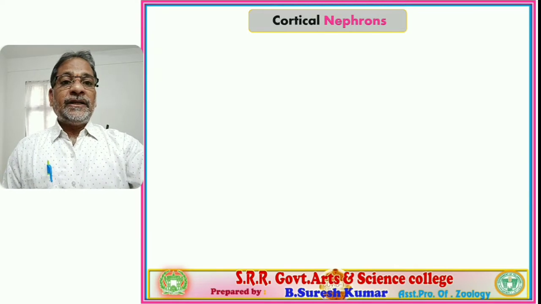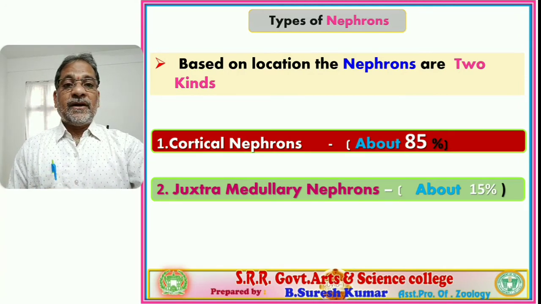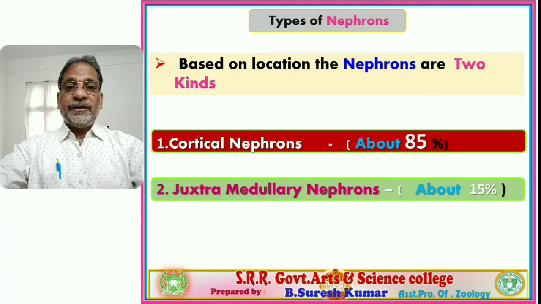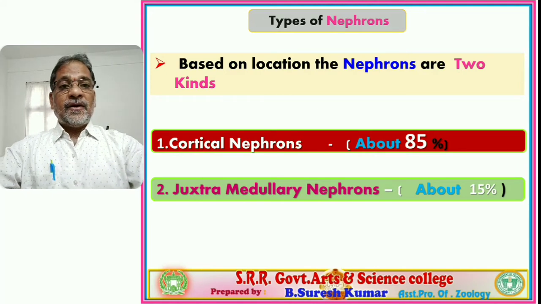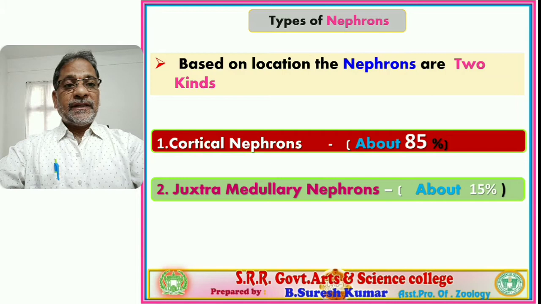Remember, and one more, juxtamedullary nephrons. They contribute 15%. Among the 1 million, 15% nephrons are juxtamedullary nephrons. So the nephrons are categorized into two kinds according to their allocation. Cortical nephrons are more in number, contributing 85%, and second one juxtamedullary nephrons about 15%.